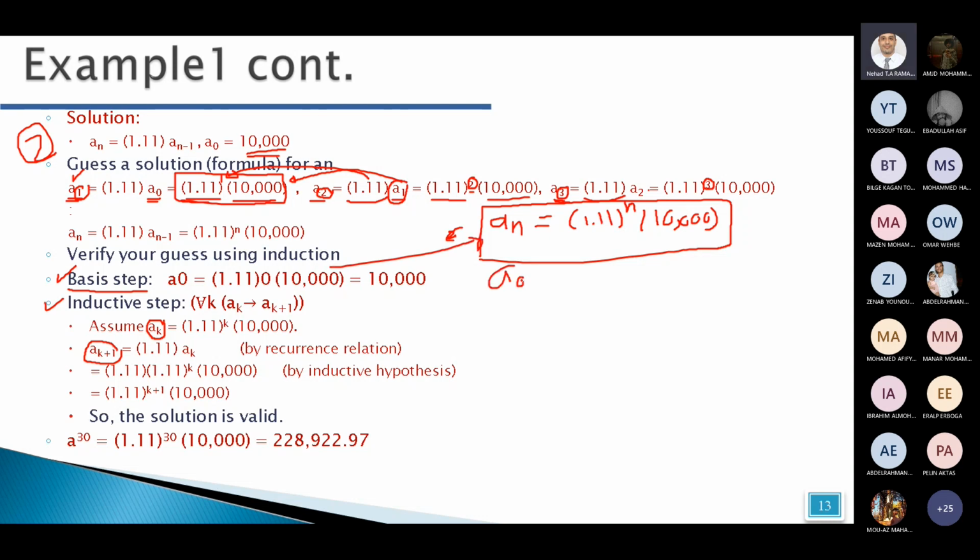A naught equals 1.11 power 0 multiplied by 10,000. Anything to power 0 equals 1, and 1 multiplied by 10,000 is 10,000. So it's correct for the initial condition, the basic step.